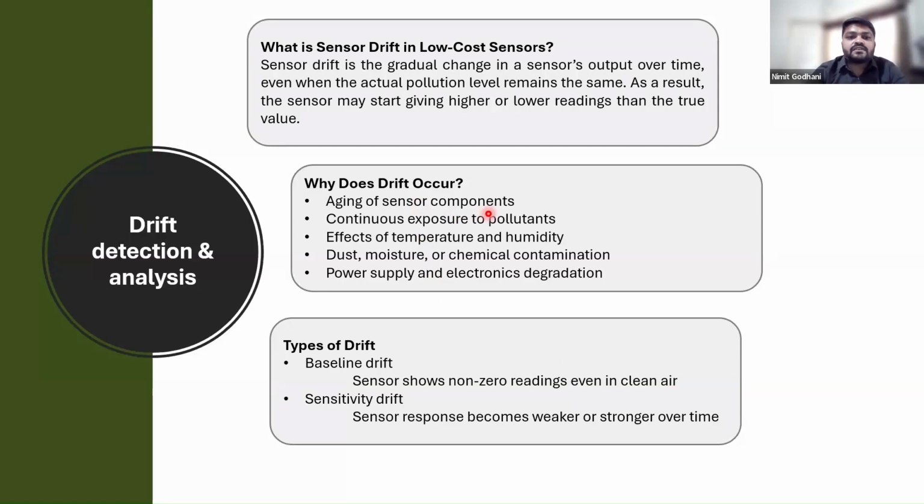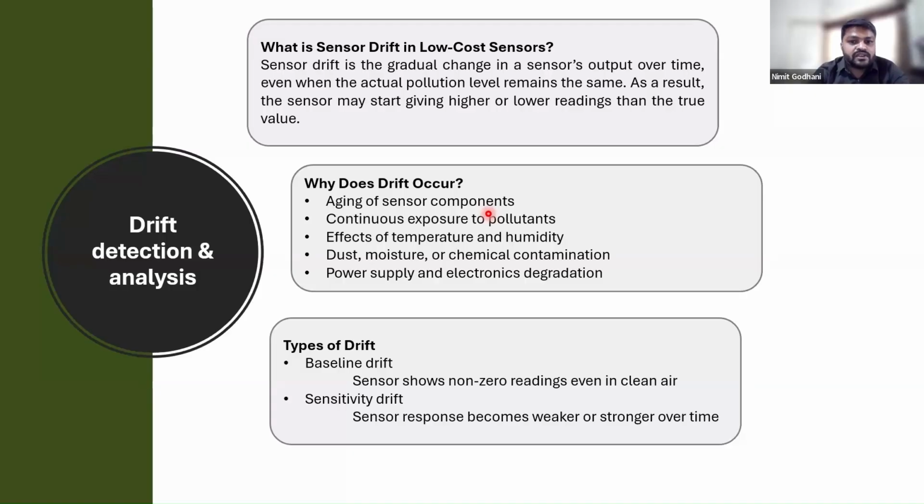Or you can say that if in a low-cost sensor we use a laser which has an FWHM of 20 nanometers, after a longer period of use it will increase to 30 or 40 nanometers in wavelength. It will also affect the calculation of the PM concentration using Mie theory. It is a very tricky part, and we also have to measure those things. The effect of temperature and humidity we all know.